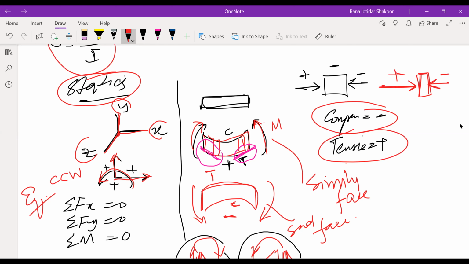Right. So now if this is a piece, a beam of this section, and we apply a load on it, not a load, we apply a moment on it in this direction, right? You can see this direction. This is the direction of the moment, right? So if you apply the moment in this direction, it will go into this shape.